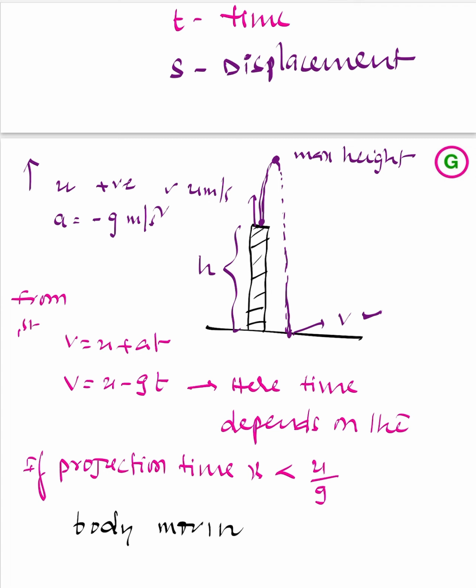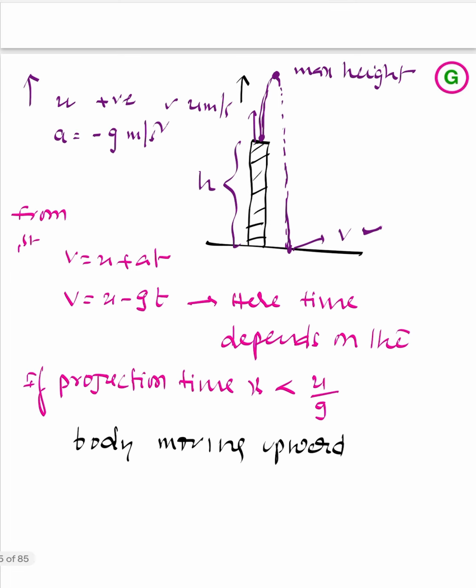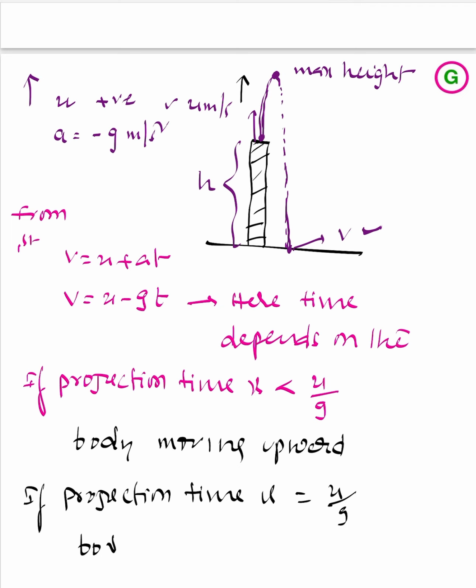If the projection time is equal to u by g, then the body reaches the maximum height.